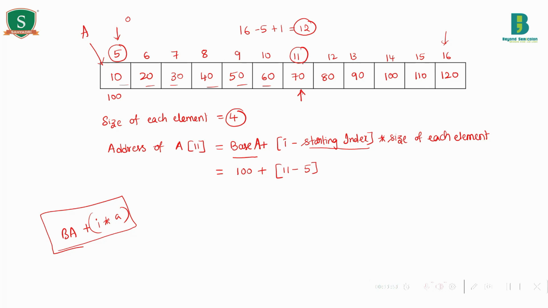But if you use I directly without subtracting the starting index, the answer will go wrong. For that reason, you are supposed to subtract the starting index if it is different. If it is 0, you need not do the subtraction, for obvious reasons. Multiplying by 4 will give you the answer.